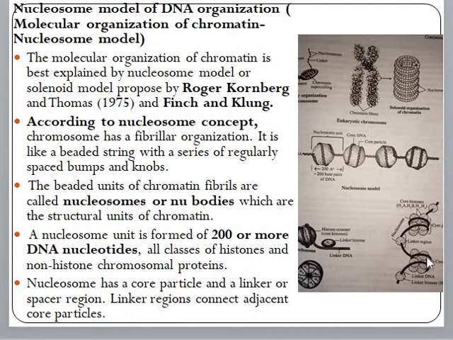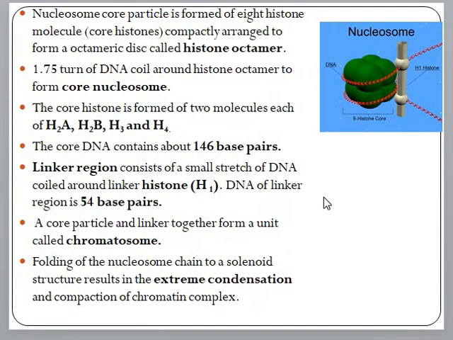Adjacent to this core region, you can find small joining structures called linkers. Linkers connect adjacent core particles together. Linker region consists of a small stretch of DNA coiled around a histone molecule, that is H1, and the DNA of a linker region is 54 base pairs.